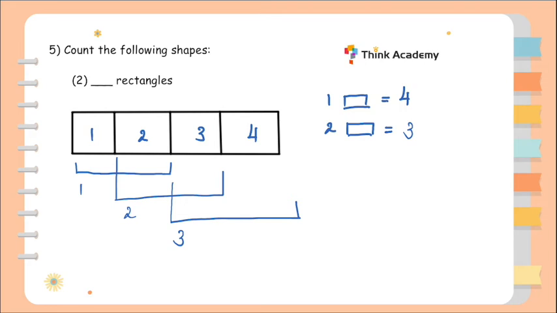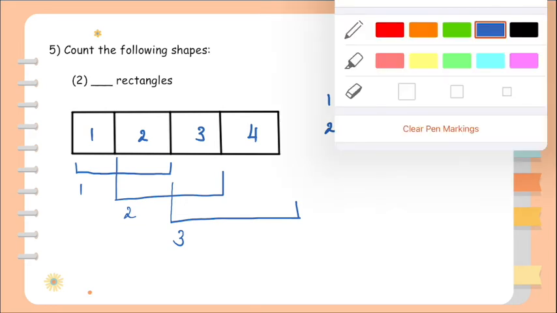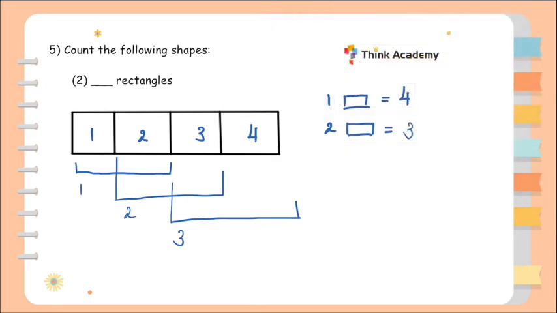And what if I do a group of 3? If I do a group of 3 rectangles, then I can start from 1 till 3, right? So this is my first one. And another, I can start from 2 to 4 because I'm doing it in order. So I have 2 now.